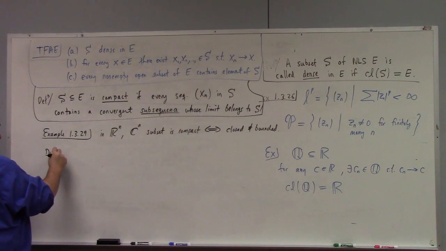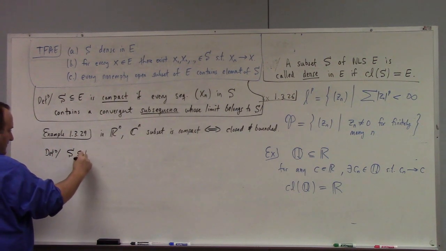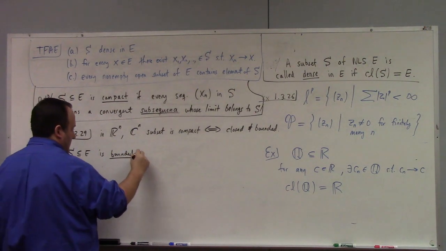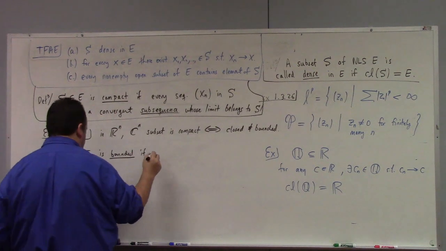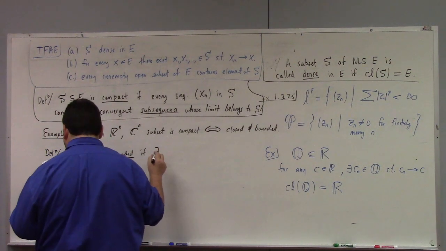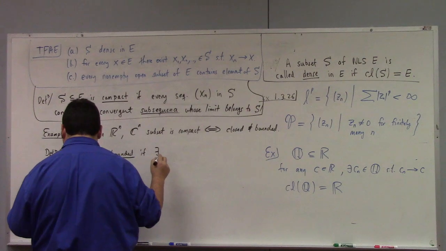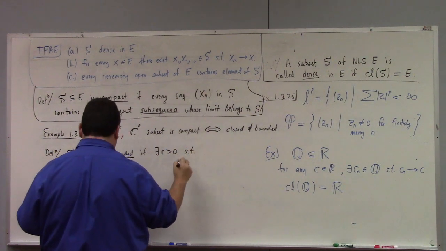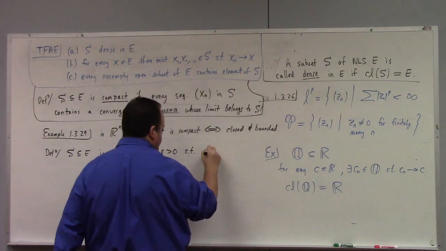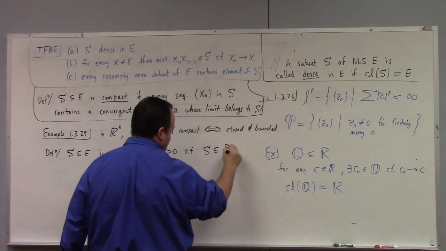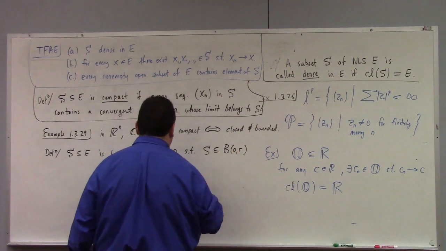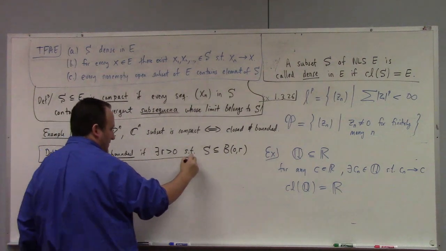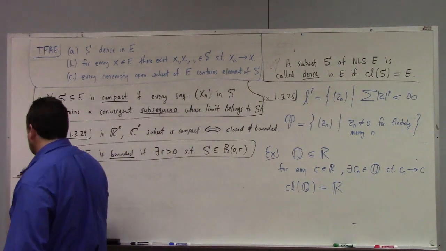Definition: S, a subset of E, is bounded if there exists R greater than 0 such that S is a subset of the ball centered at 0 of radius R. That's not my usual definition of bounded, but it works.